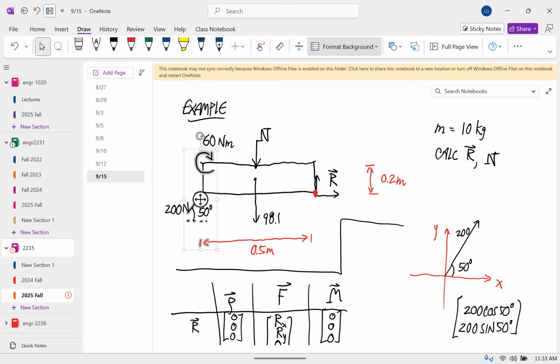So if we know that x is this way and y is this way, all the math goes wrong unless you have the z-axis pointing out of the page. If you have x this way, y this way, and z into the page, everything goes haywire. Your computer will explode. Yep, if it was counterclockwise, then that would have been a positive 60. But since it's clockwise, it's a negative 60.